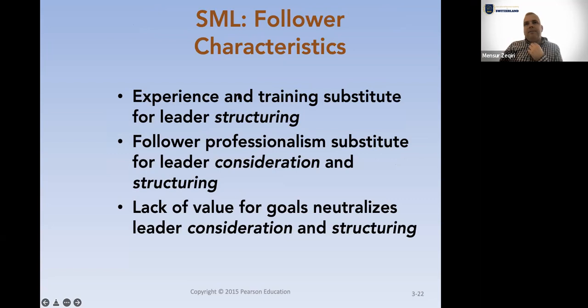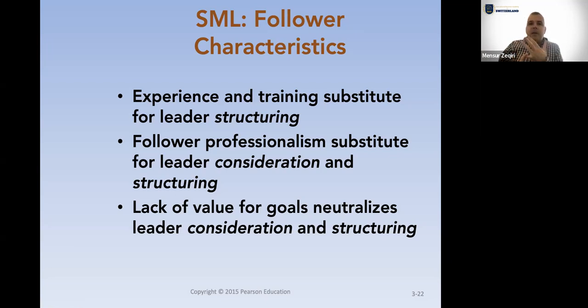So, however, this model has identified some follower characteristics that he considers to be substitutes or neutralizers, that actually lead to you not needing the help of your leader in this case.